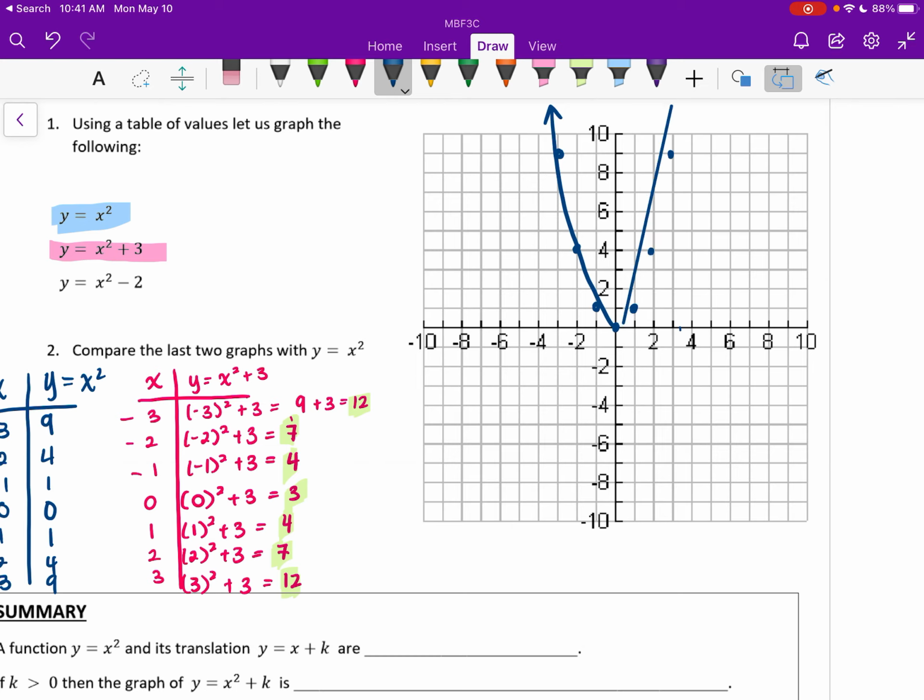So it says -3 is 12. Then we're going to go to -2 over here and go up to 7. -1 is going to be at 4, so over here. Just going to fix this line.